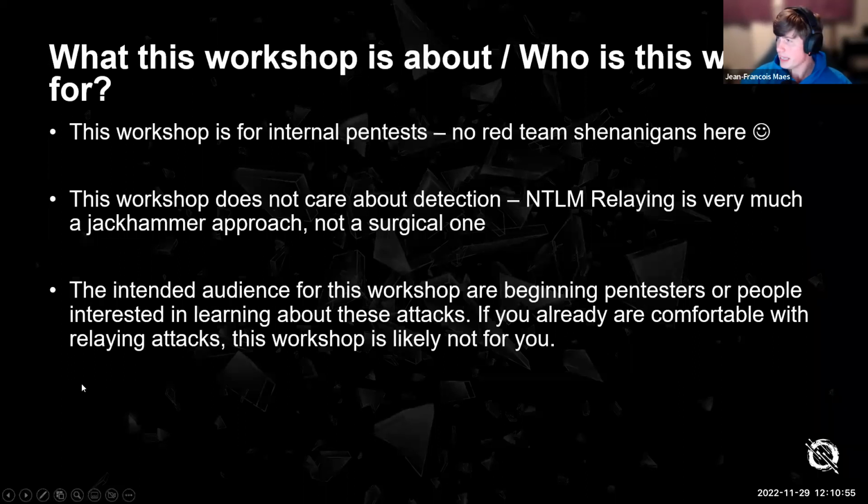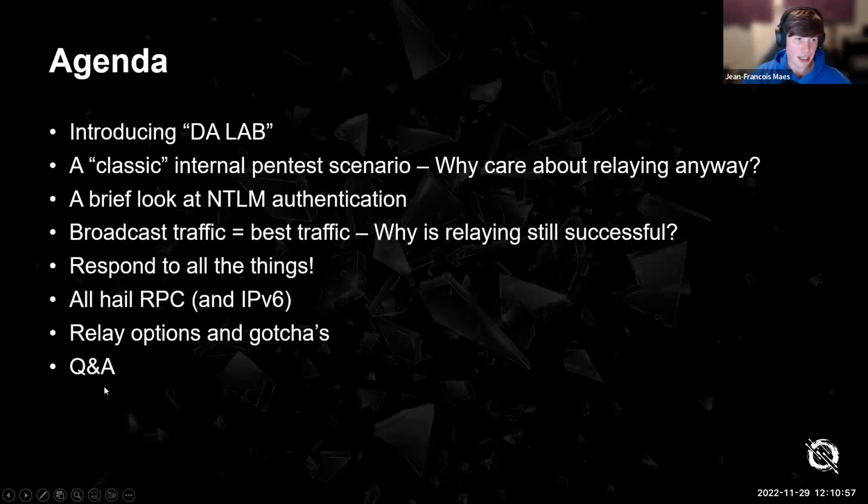All right, with that said, let's dive into the agenda of today. First, we're going to introduce the lab. We're also going to talk about the classic internal pen test scenario, why we should care about relaying, a brief look at NTLM authentication, then broadcast traffic, why broadcast traffic in our case is the best kind of traffic, and why relaying is still successful.